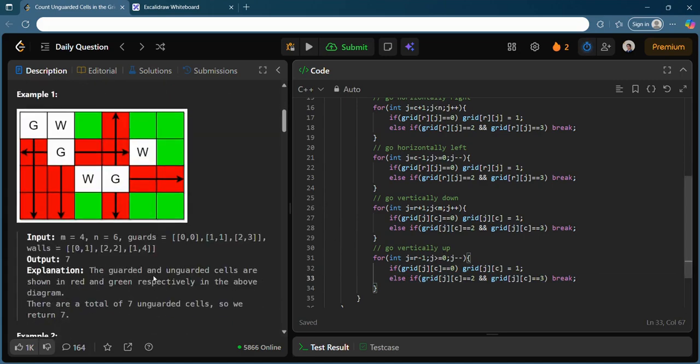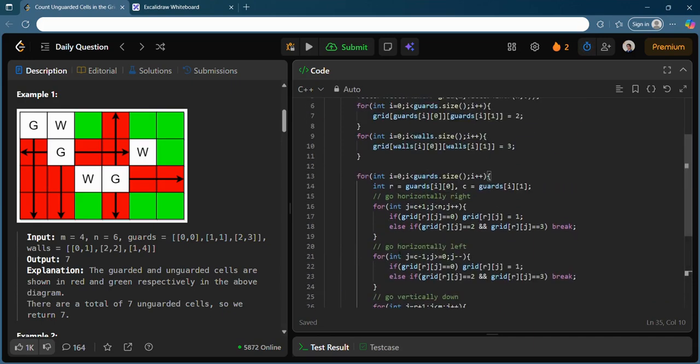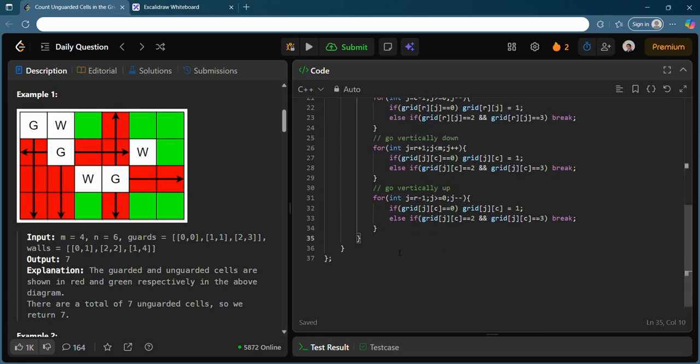You see, you are just going through all the cells whenever you find a guard. So yeah, you are iterating through all the guards and you are just going through all the cells, changing whichever is required, whichever is guarded, you are just changing it to 1. And if you encounter some other guard or a W, that is a wall, you can just simply break out from the loop. That much you can do easily. And what else is remaining? Nothing else, right? You just need to count your final answer. So you can just iterate through the grid.